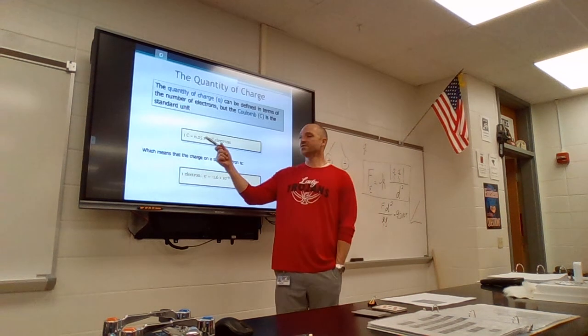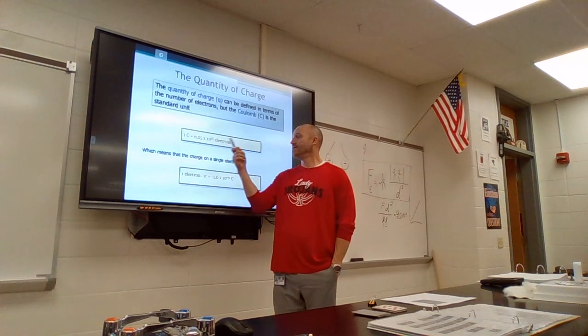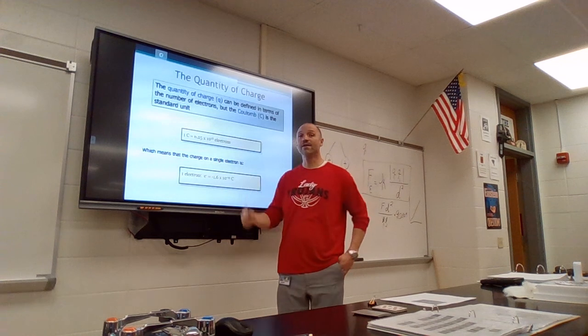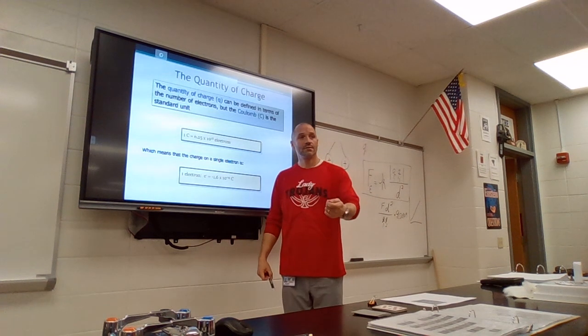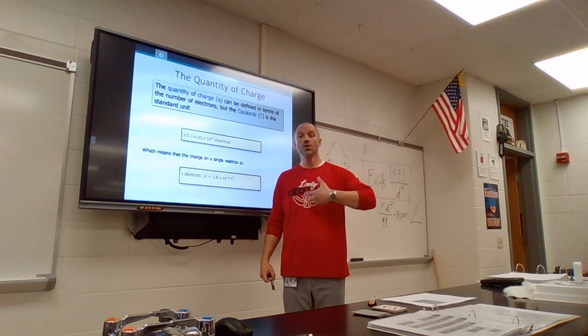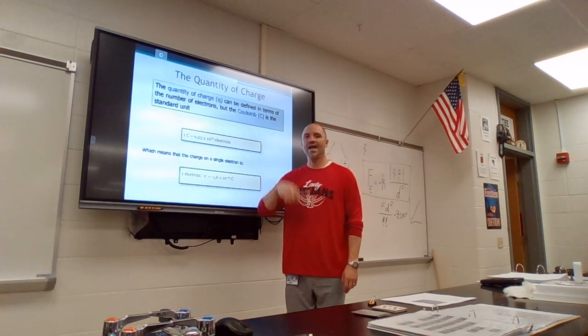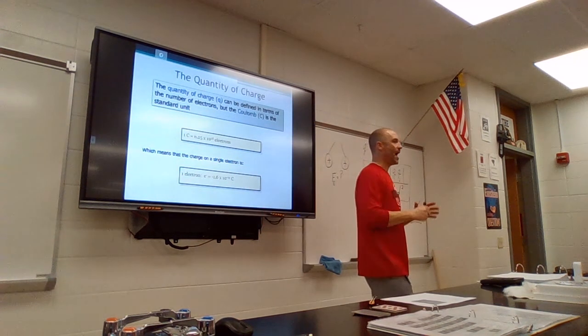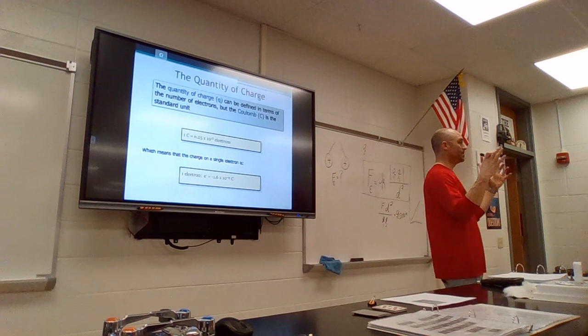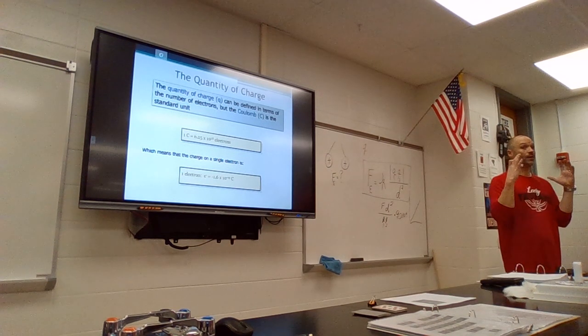I wanted to also show that if we had a full Coulomb of charge, so like a Coulomb's worth of electrons, it would be 6.25 times 10 to the 18 electrons. That many electrons to be a full Coulomb of charge. That is a lot.